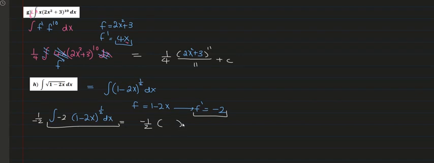We will get the bracket with the new power, which is plus 1, divided by that plus 1, and inside we have 1 minus 2x. Don't forget to add the c. Of course, this can be simplified to negative 1 over 3, and then this 1 minus 2x will be raised to the power of 3 over 2 plus c. Right?